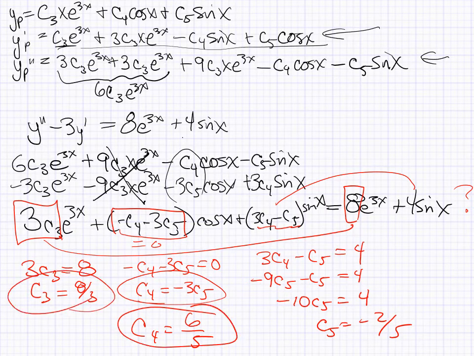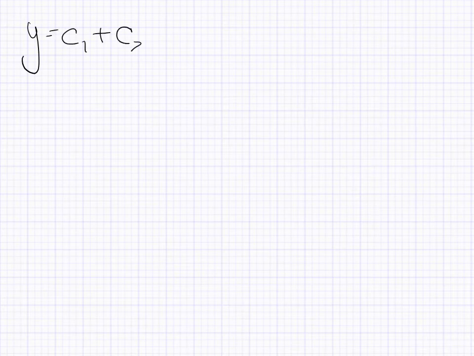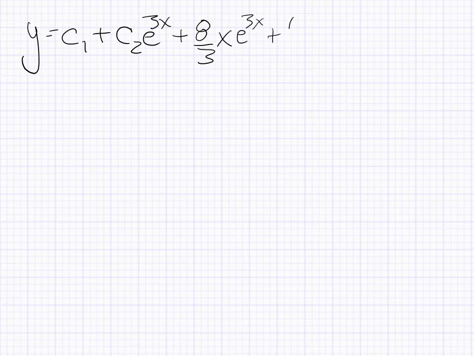All right, so we got our 3 values. Plug that in for y or y sub p. Combine that with your y sub c. And you got your solution. So finally, our solution would be that y equals c1 plus c2 e to the 3x plus 8/3 x e to the 3x plus 6/5 cosine x minus 2/5 sine x.